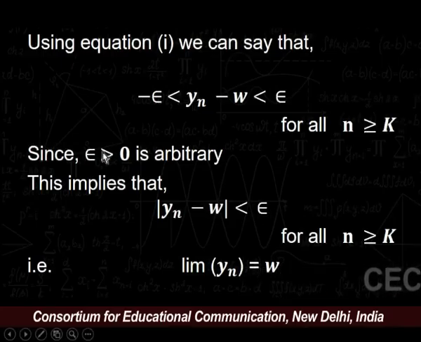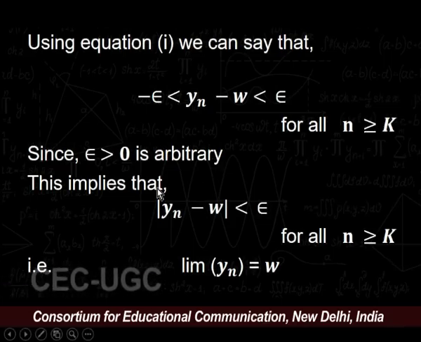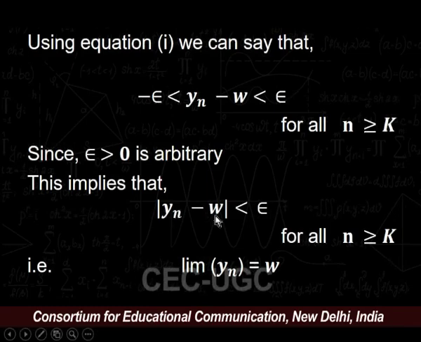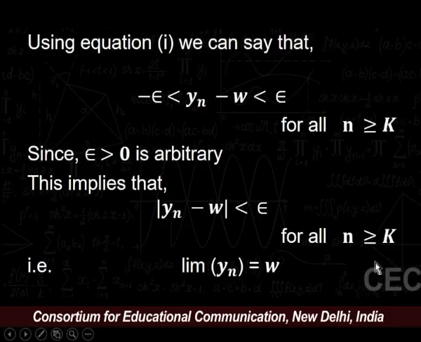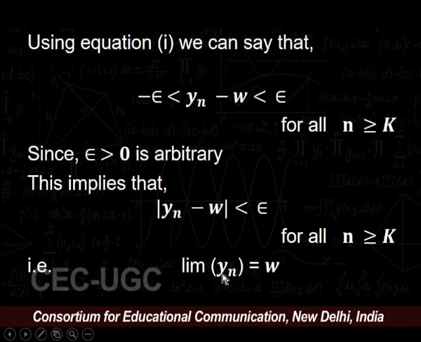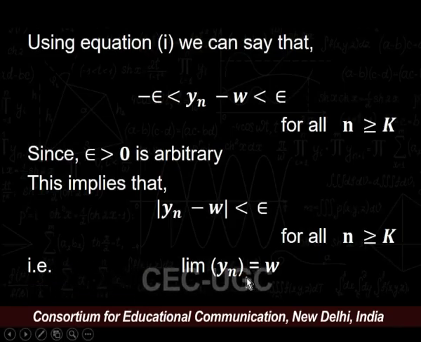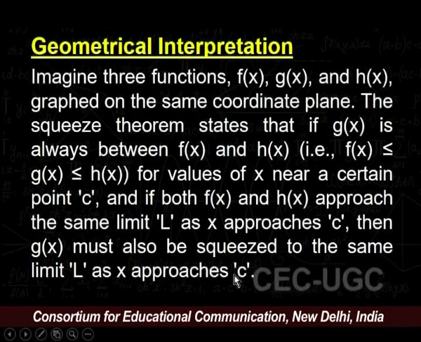Since epsilon greater than 0 is arbitrary, this implies that modulus of yn minus w is less than epsilon for all n greater than or equal to k. That is, the limit of the sequence yn must be equal to w.